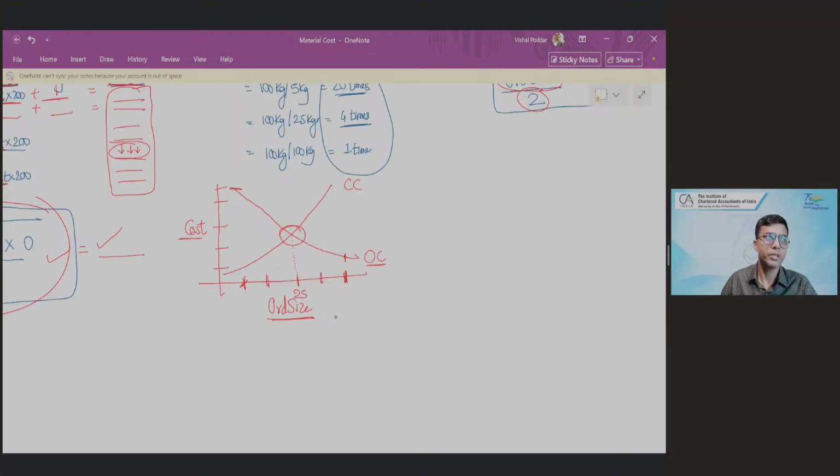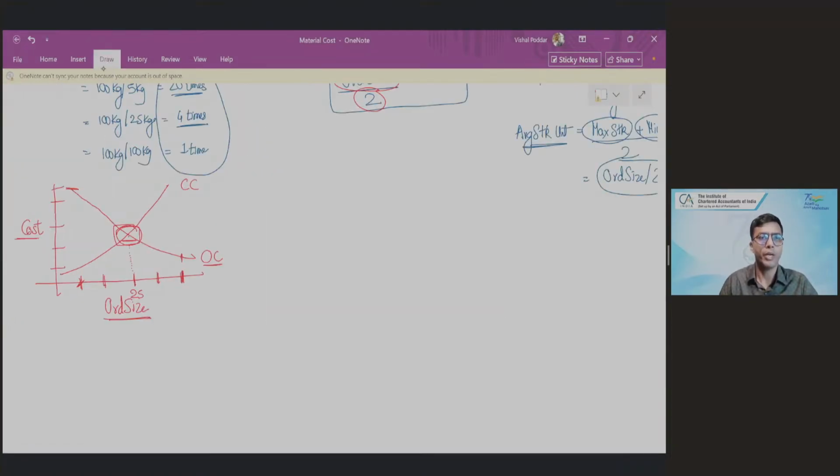Now we have learned this concept from economics that wherever there are two oppositely behaving values, the best option is where they intersect, which economics used to call equilibrium. Now, when we say intersect in graphical language, what is it in mathematical language?